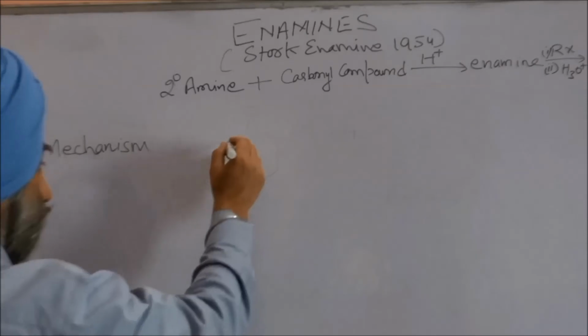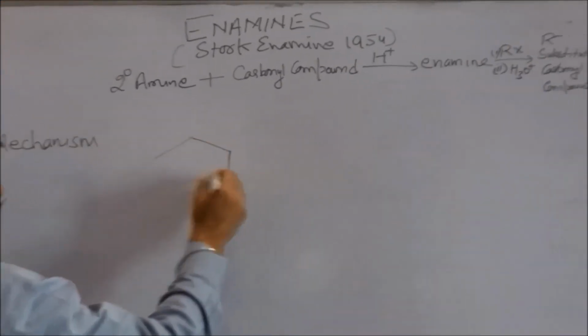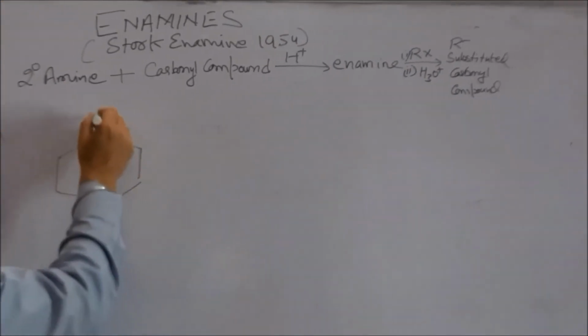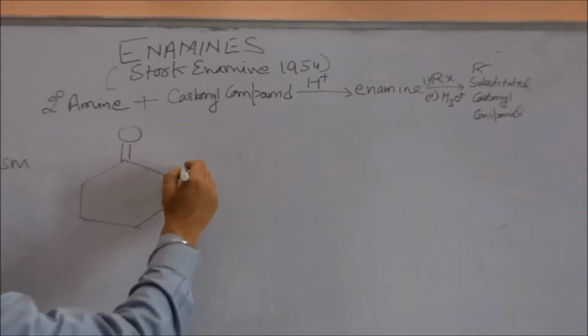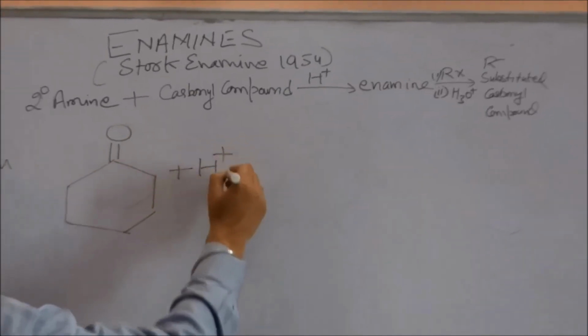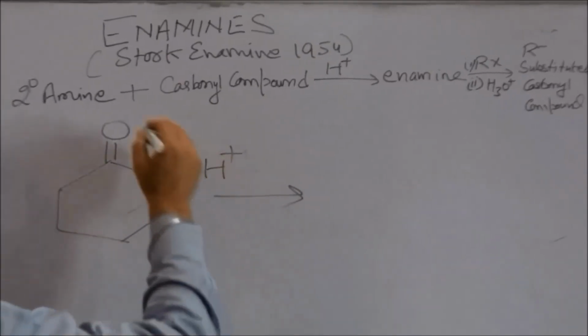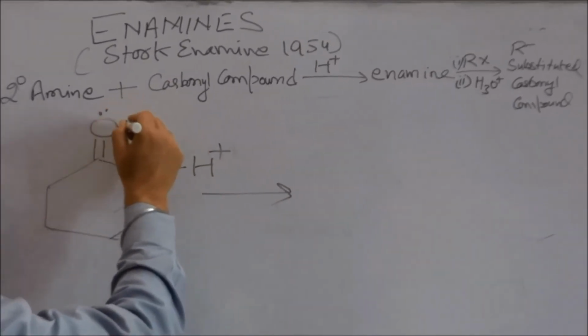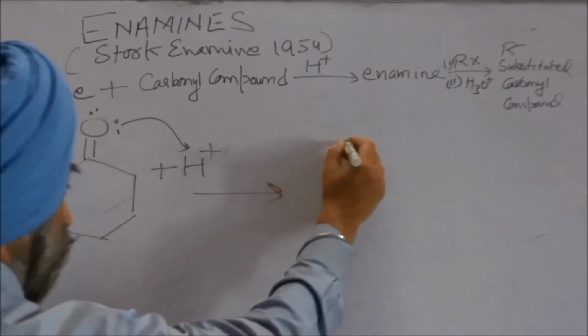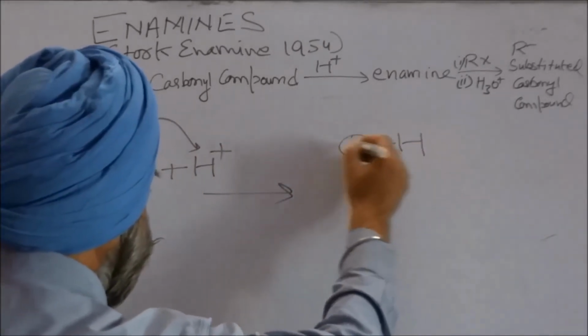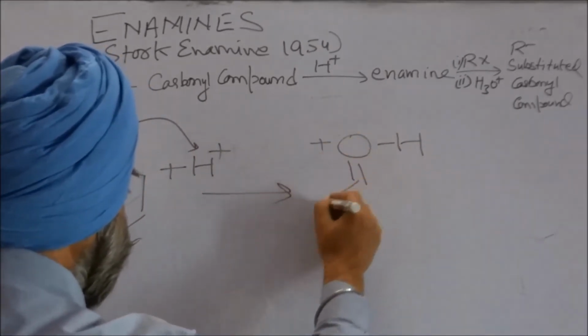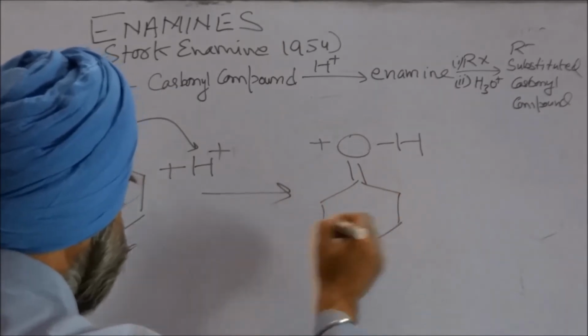When we write the mechanism, cyclohexanone is protonated first, and oxygen has a lone pair of electrons, and oxygen acquires positive charge.